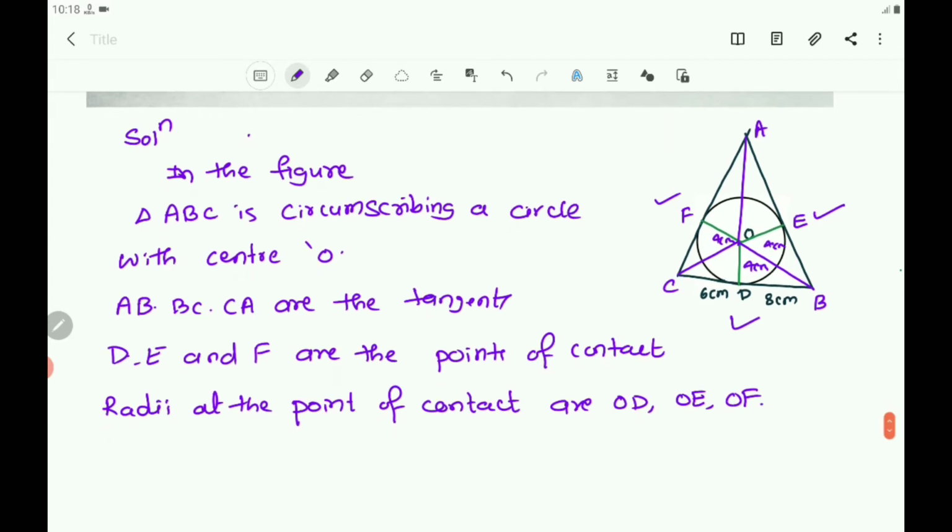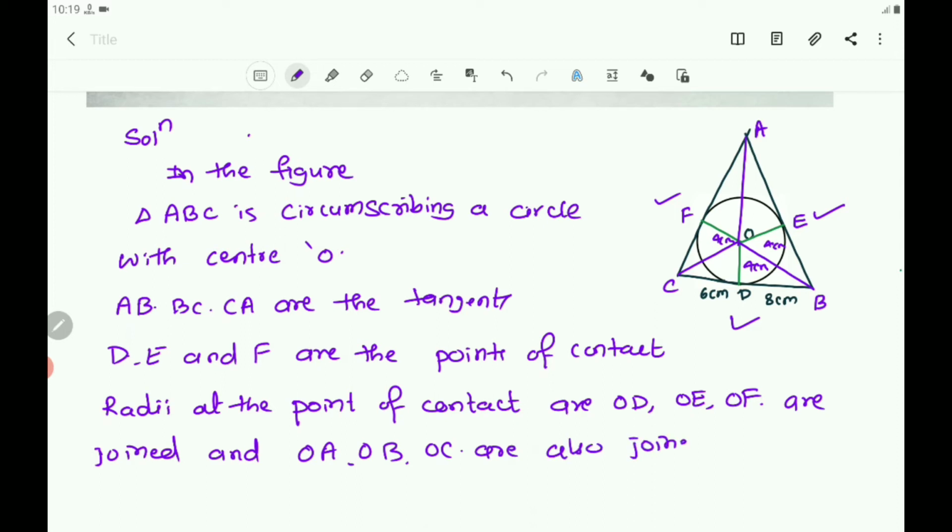OD, OE and OF are joined, and OA, OB, OC are also joined. So what you have taken? These are radii. The length of the radii is 4 cm. We have joined the radii at the point of contact OD, OE, OF, and also we joined OA, OC, OB.